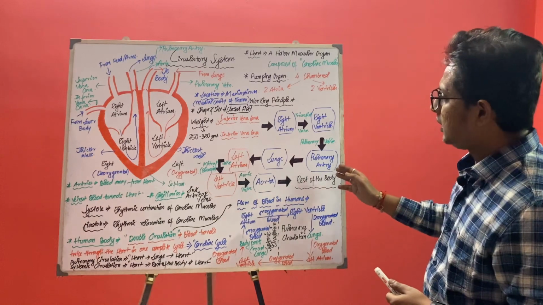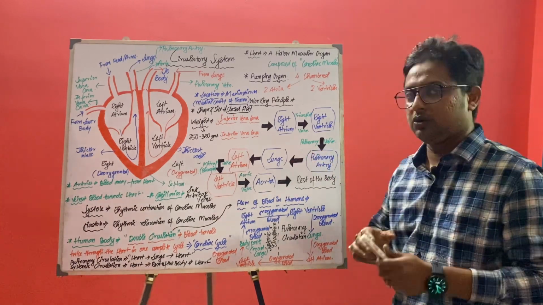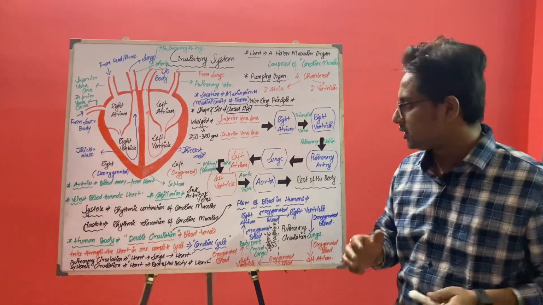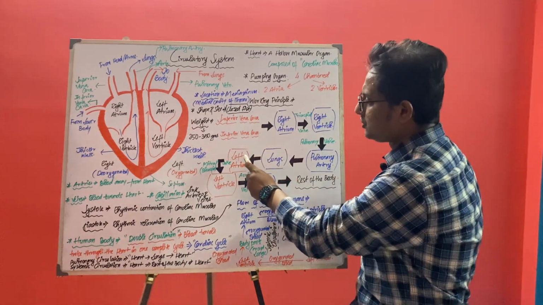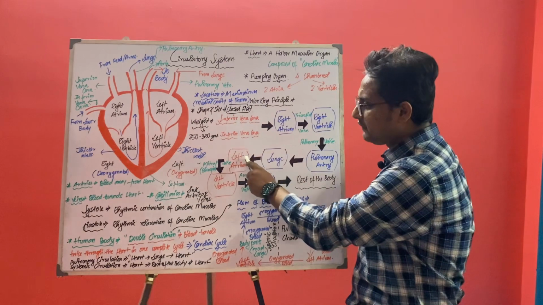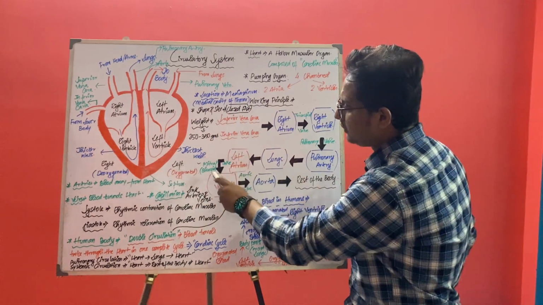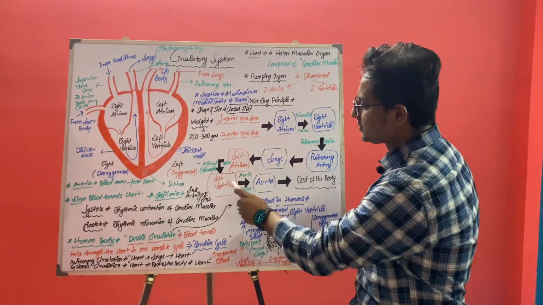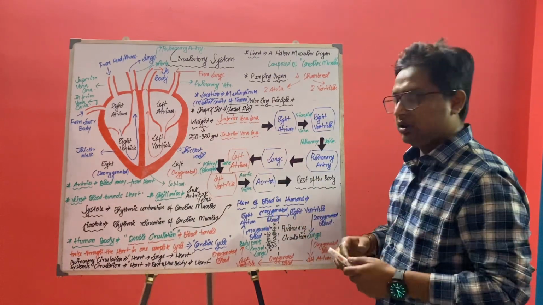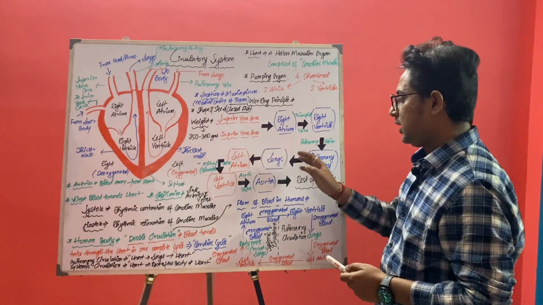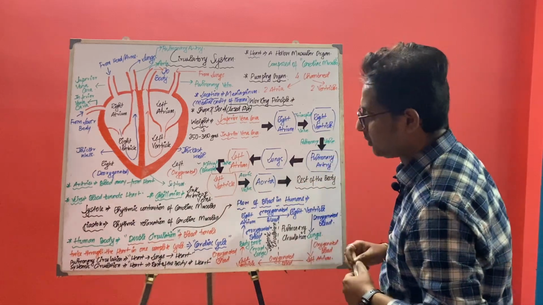From the pulmonary artery it goes into the lungs, where the oxygenation of the blood occurs. From the lungs the oxygenated blood goes to the left atrium, and from the left atrium via the mitral valve, or the bicuspid valve, it enters the left ventricle. From there, via the aortic valve, it enters the aorta and is distributed to the rest of the body.